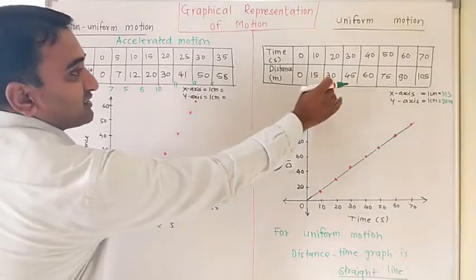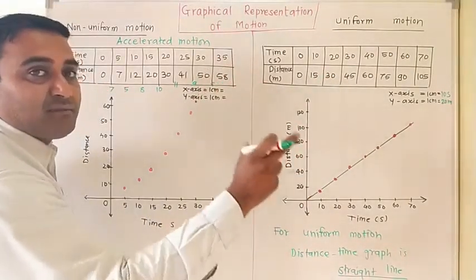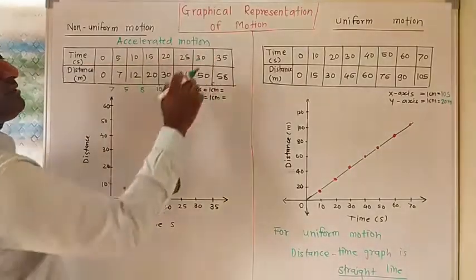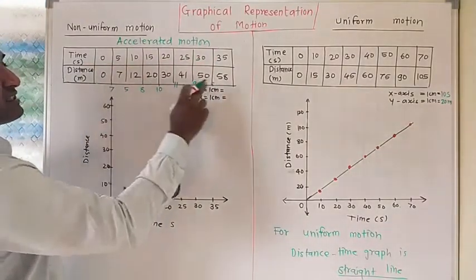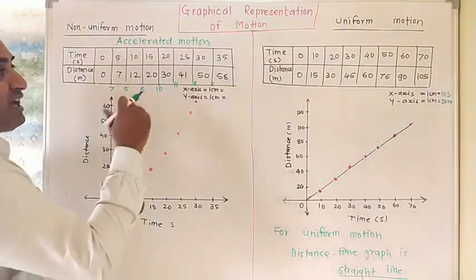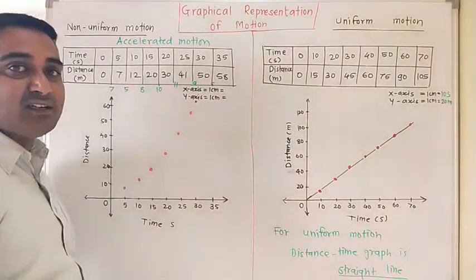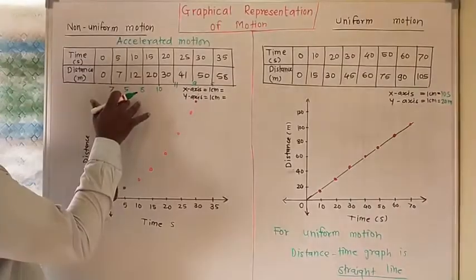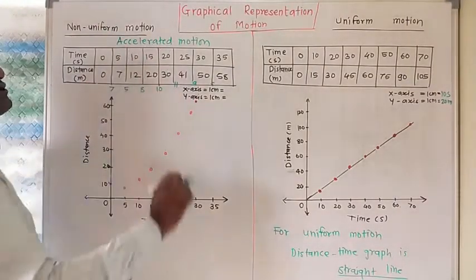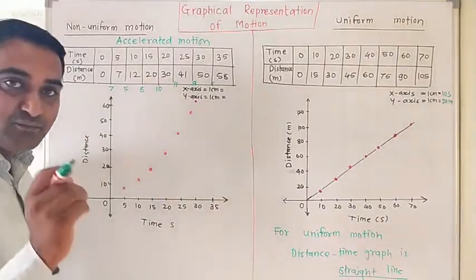Equal time intervals are there, but the distance covered by the object is not the same. Everywhere there is a change in the distance covered. So this kind of motion is called non-uniform, and non-uniform motion is also called accelerated motion.